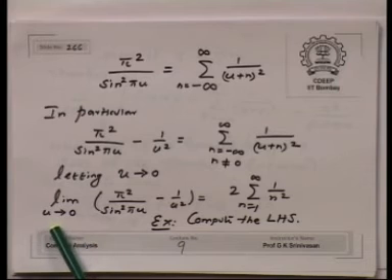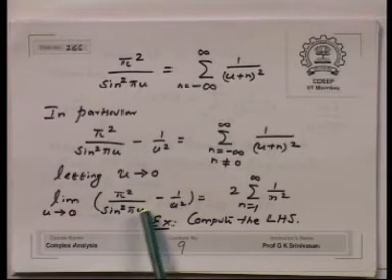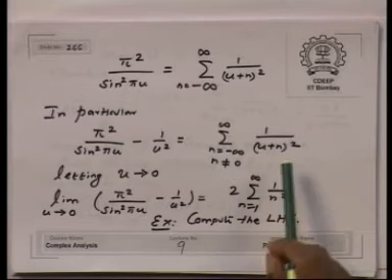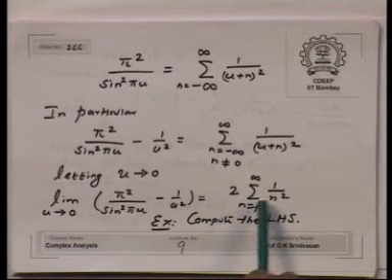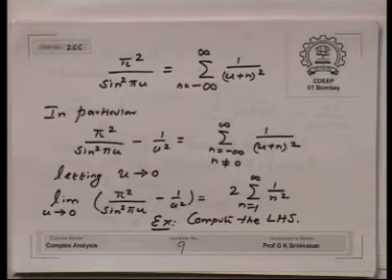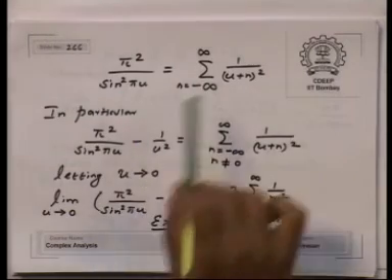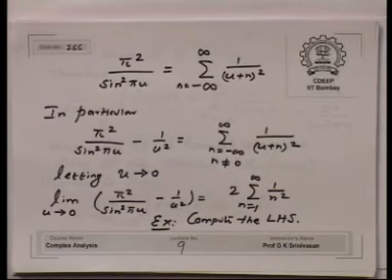I calculate the limit as u tends to 0 of pi squared by sine squared pi u minus 1 over u squared. The right hand side is simply twice the sum over n from 1 to infinity of 1 over n squared. So here is an exercise: calculate this limit on the left hand side and find the value of the sum of 1 over n squared.